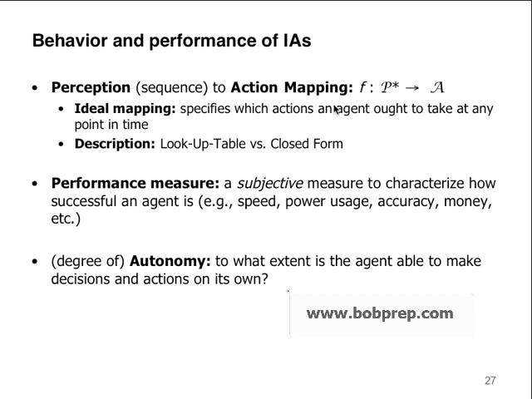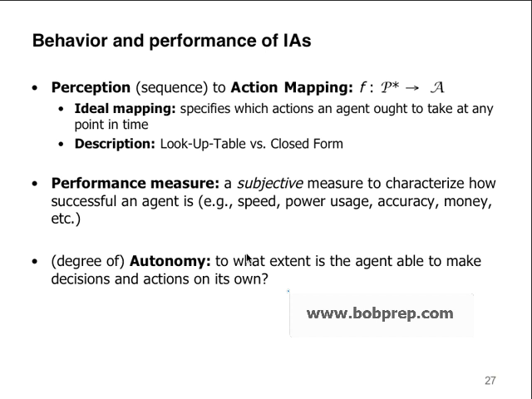So if it's raining, put the windshield wipers on. If it stops raining, stop the windshield wipers. So it's a map of the particular events in the sequence, along with a description perhaps for a lookup table. The data might be in a lookup table, it might be a closed form, it might be a flow chart. It might come in different forms depending upon what it's going to be used for.